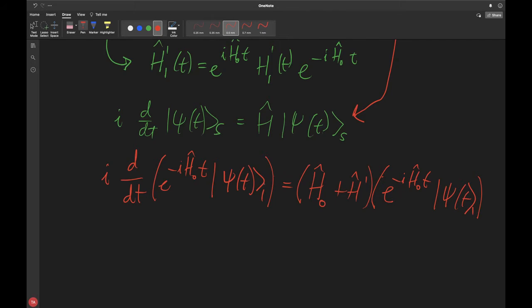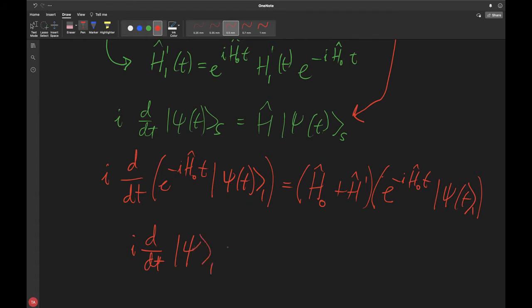So those are just cancelled, but we are still left with the H_I. So the derivative of the state here is going to be i d/dt of the psi in the interaction picture, right?